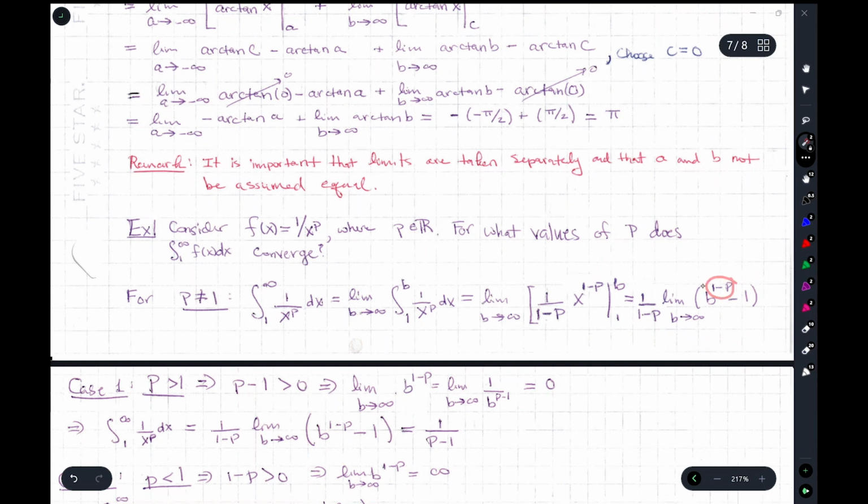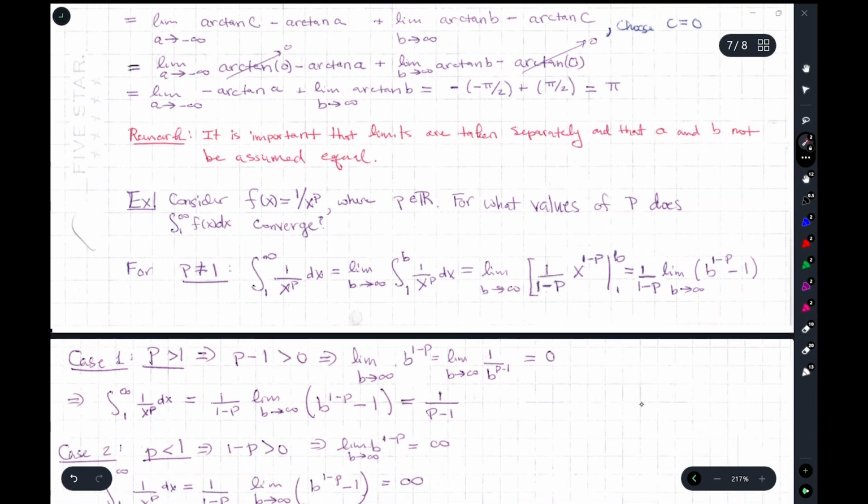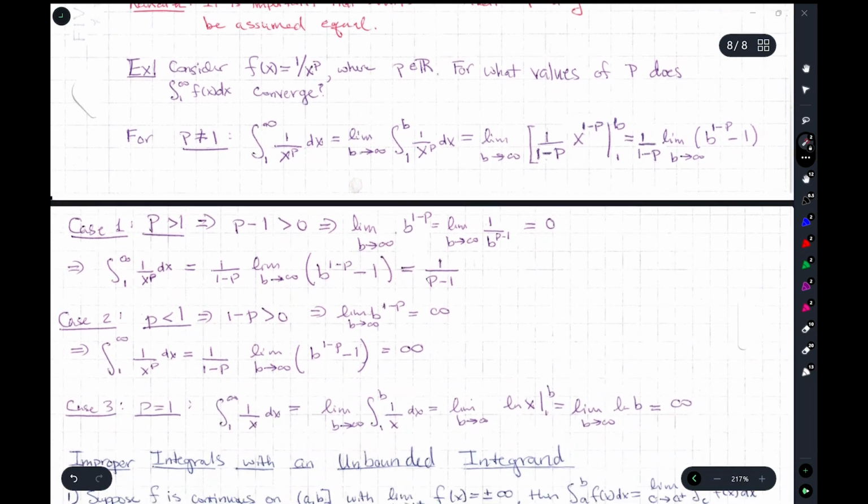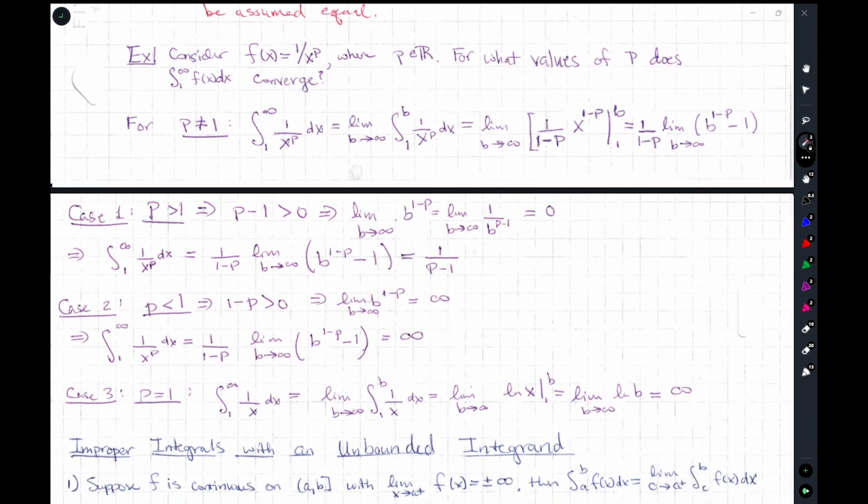And now pay attention to this part. We're going to take the limit as b goes to infinity. So if 1 minus p is positive, well, we're going to get a divergent result. But if 1 minus p is negative, then we'll get convergence. And so we'll break up this problem into different cases. Here we have the first case where p is strictly greater than 1.